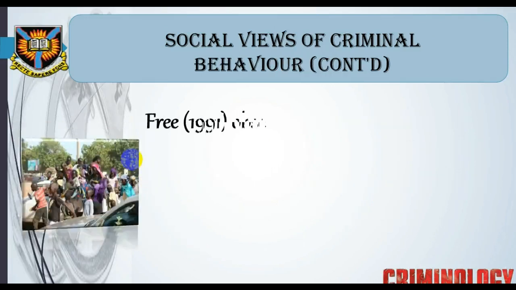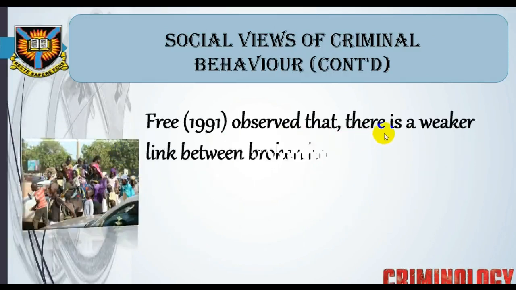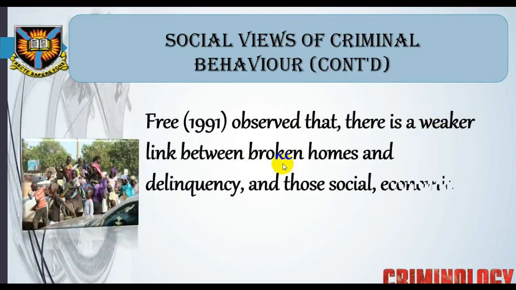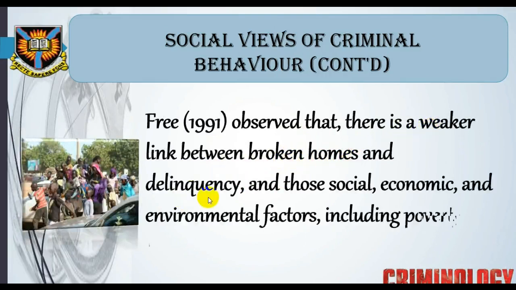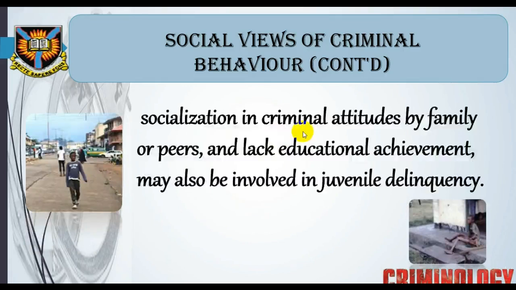Free, 1991, observed that there is a weaker link between broken homes and delinquency, and that social, economic, and environmental factors, including poverty, racism, socialization in criminal attitudes by family or peers, and lack of educational achievement, may also be involved in juvenile delinquency.